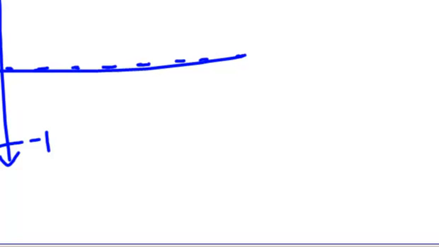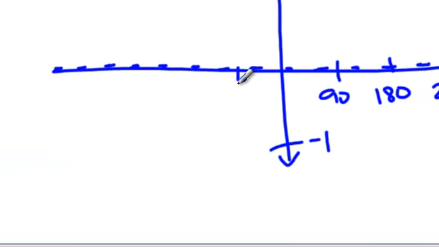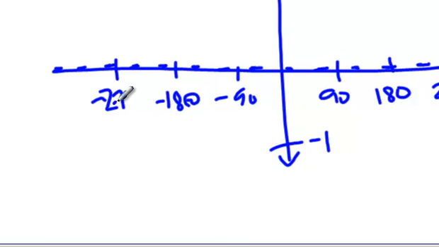Okay, remember with cosine, every critical point starts is by 90. Yeah, -90. Okay, and I want you to do a dash line.